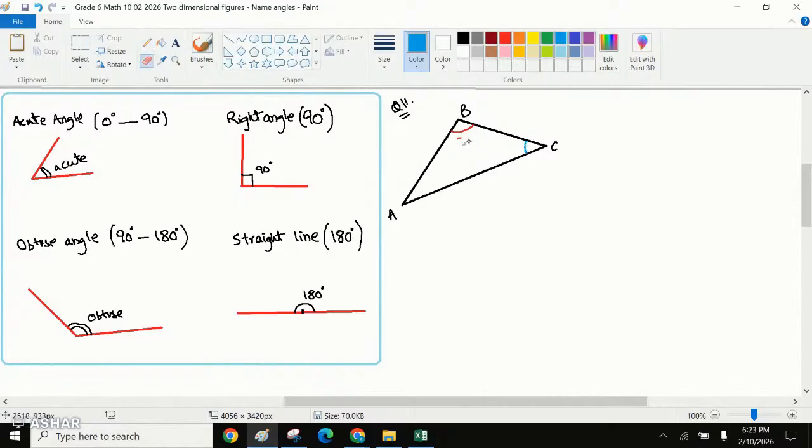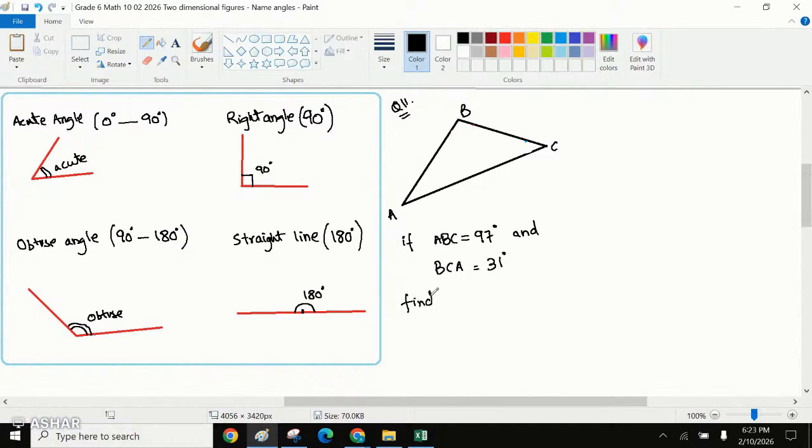rather than writing this, I'll change the information. I would say, for the given information, angle ABC is equal to 97, I'm not marking it on the diagram yet, and the angle BCA is 31.